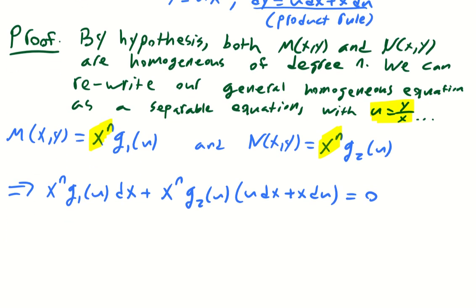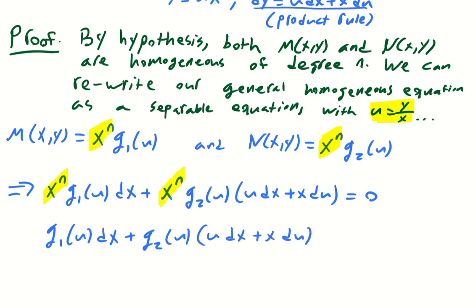First thing to notice, again, is that x to the n power. If we divide everything by that, it goes away. Okay, we simplify our equation. So we get g sub 1 of u dx plus g sub 2 of u times (u dx + x du) is equal to 0.